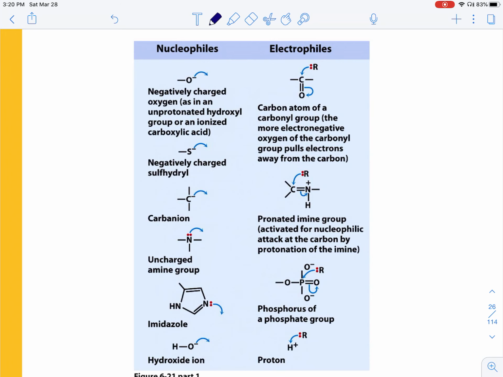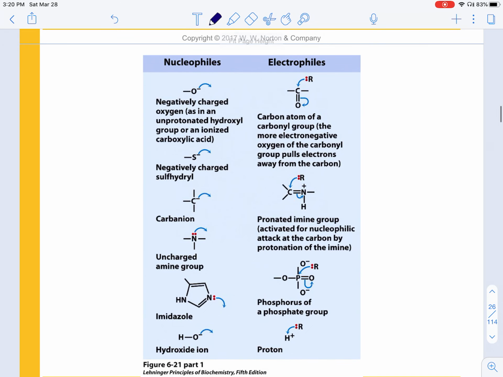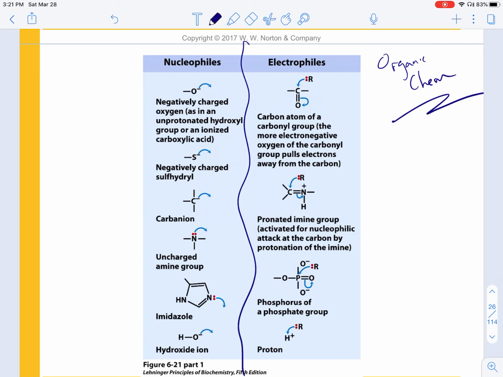Before we do that, I need to do a little organic chemistry review. This is going to be very basic. Dr. Young would probably be ashamed, but it's enough to get us through most of the enzymatic mechanisms that we do in a Biochem 1 course. Just to remind us, there are nucleophiles and electrophiles. Nucleophiles are electron rich.